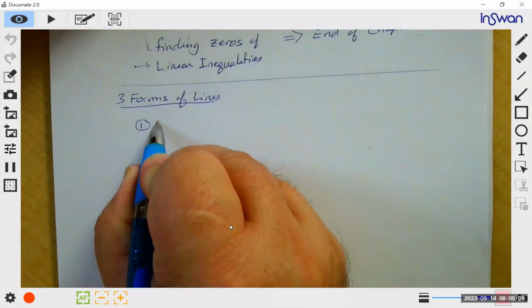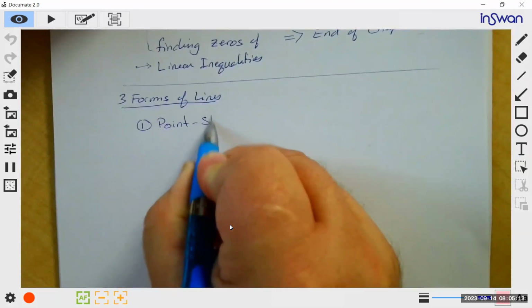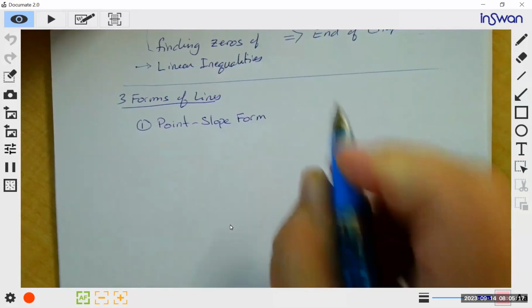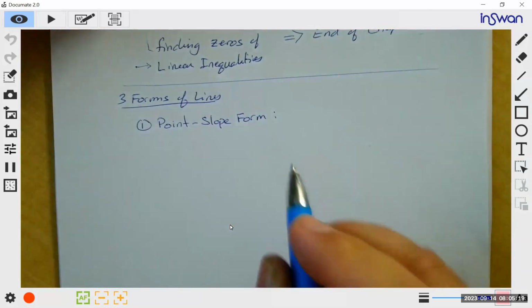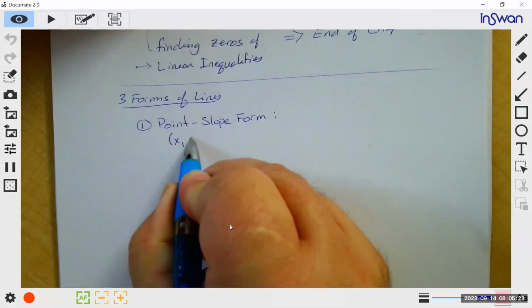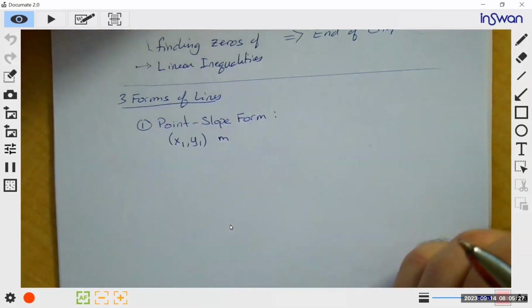First form is called the point slope form. It's called a point slope form because it has one point and a slope in it.